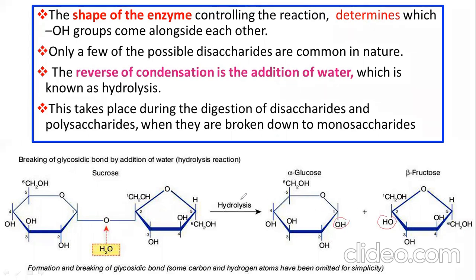Separated from each other. And this reaction is called what? Hydrolysis. Addition of water to a molecule to convert that into subunits, or the submolecules in that. Like here in this case, we have glucose and fructose. In the case of sucrose, when we are doing hydrolysis of sucrose, we will get alpha glucose plus beta fructose.